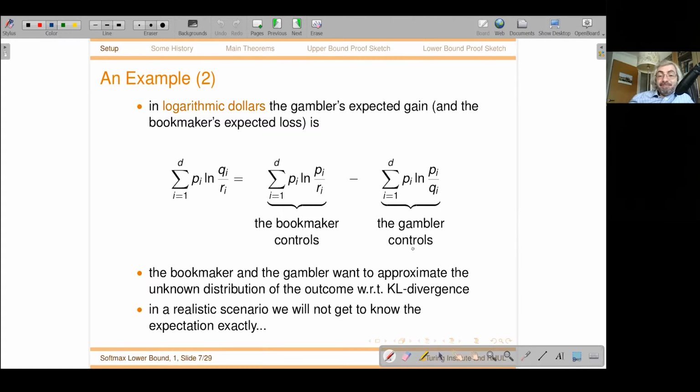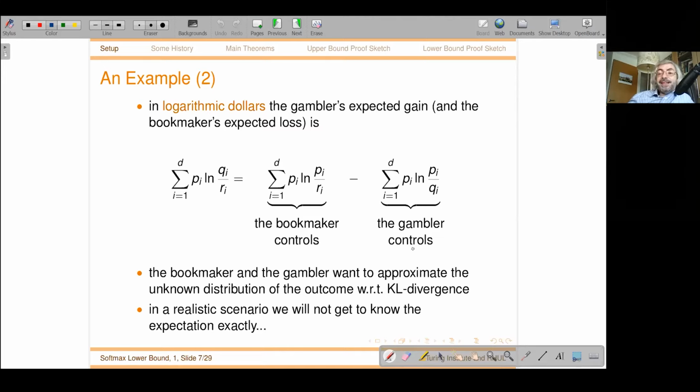Basically, both the bookmaker and the gambler want to approximate the true unknown distribution of the outcome with respect to the KL divergence. The bookmaker minimizes what he has to pay, and the gambler maximizes what he gets.